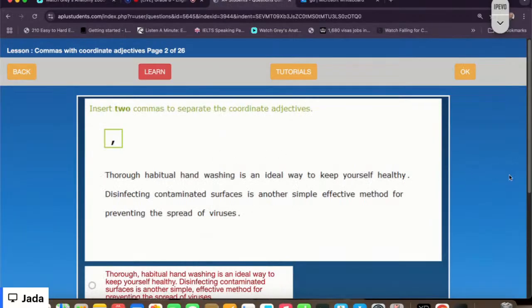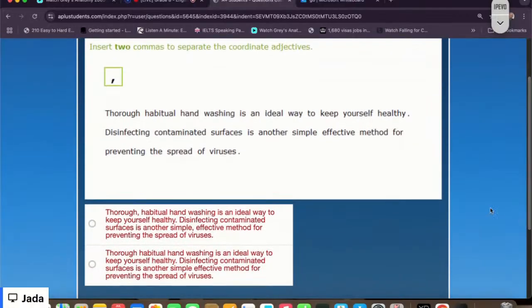Thorough habitual hand washing is an ideal way to keep yourself healthy. Disinfecting contaminated surfaces is another simple, effective method for preventing the spread of viruses.